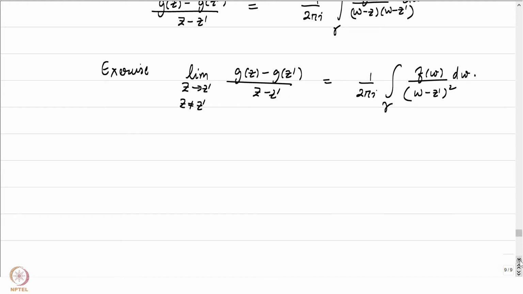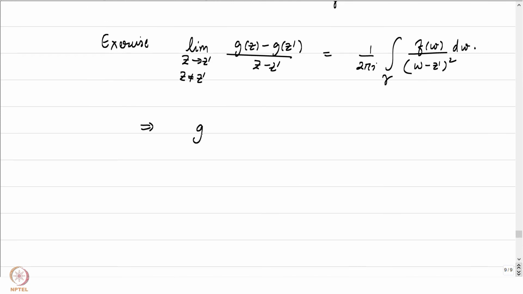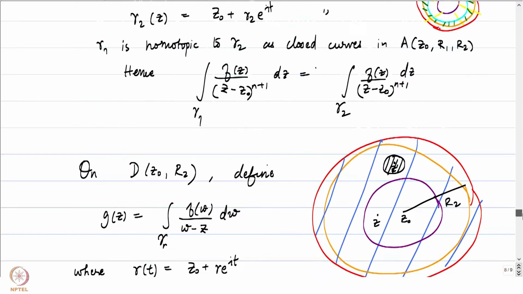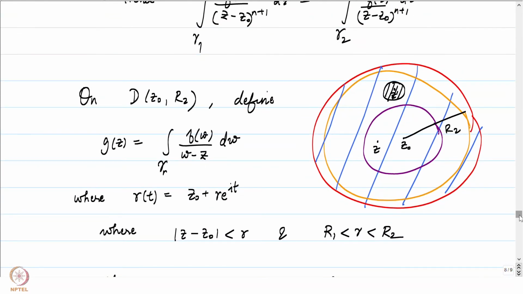And this way we will be able to conclude that G is holomorphic on D(z0, r2). So let's just go back to what we did. On this bigger disk D(z0, r2), we defined our function g of z in this manner, and we just noticed that g is a holomorphic function there.